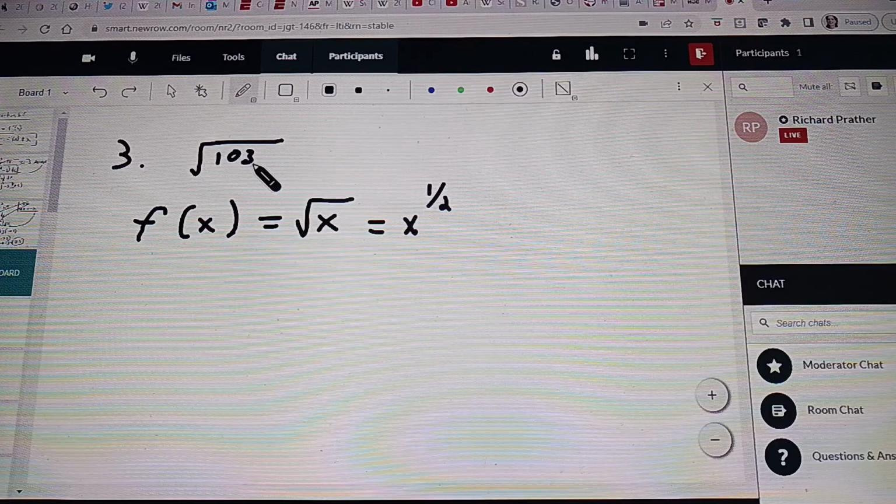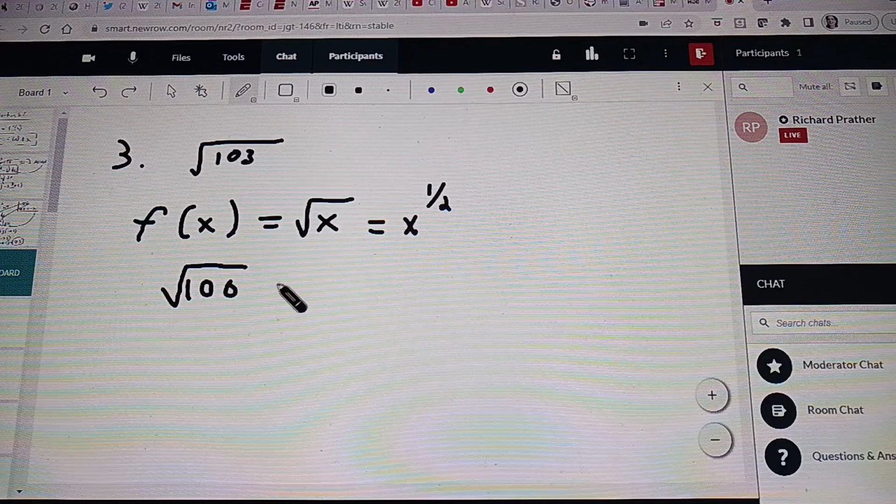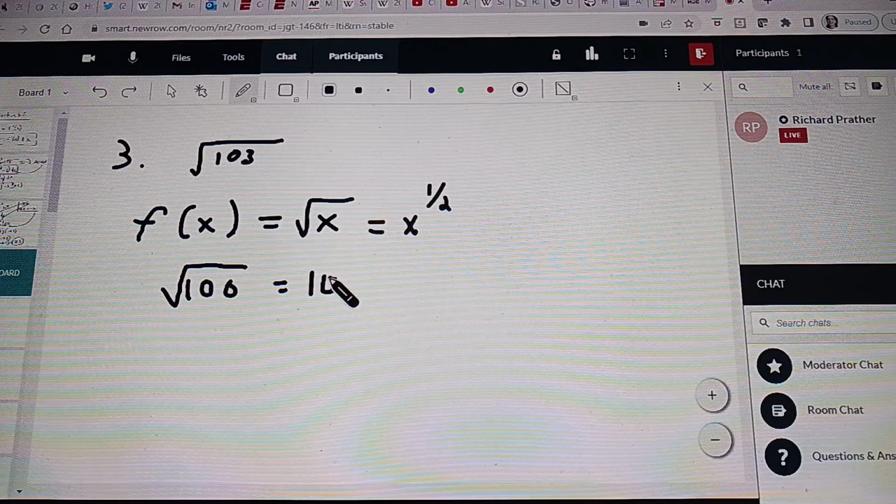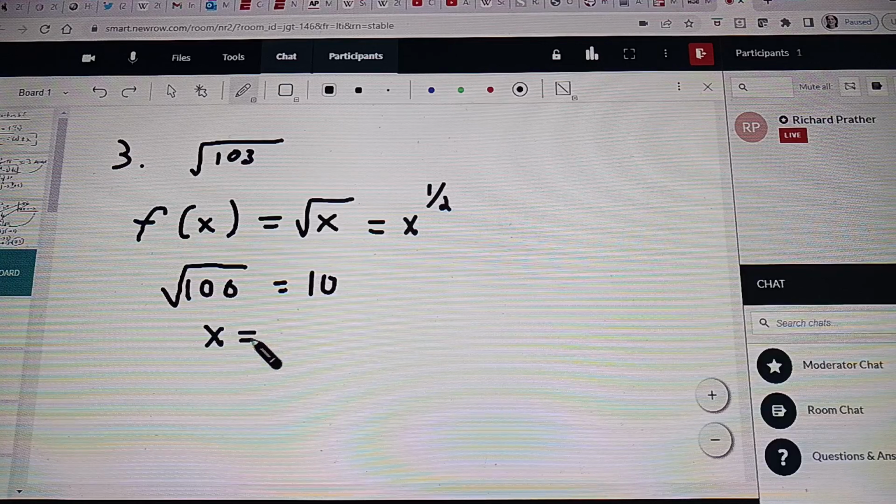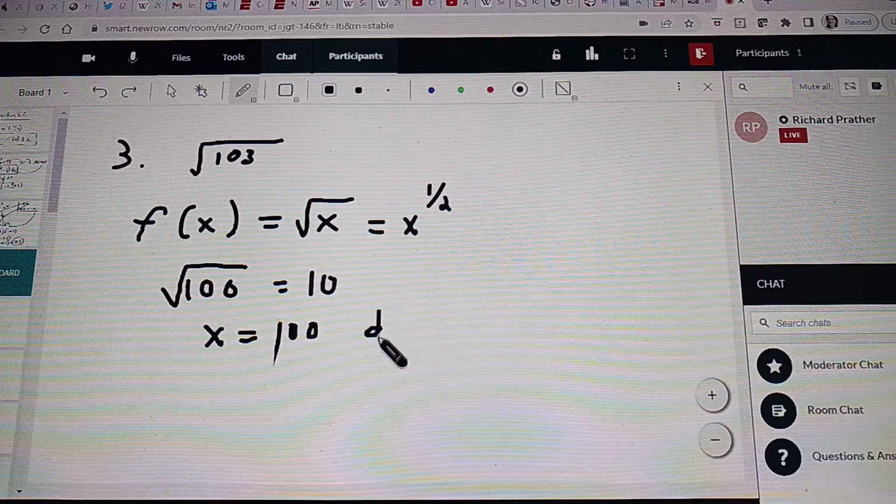The closest exact square root to 103 is the square root of 100. The square root of 100 equals 10 exactly. So I want to use 100 arbitrarily for x. And then my dx is going to be the change in x.